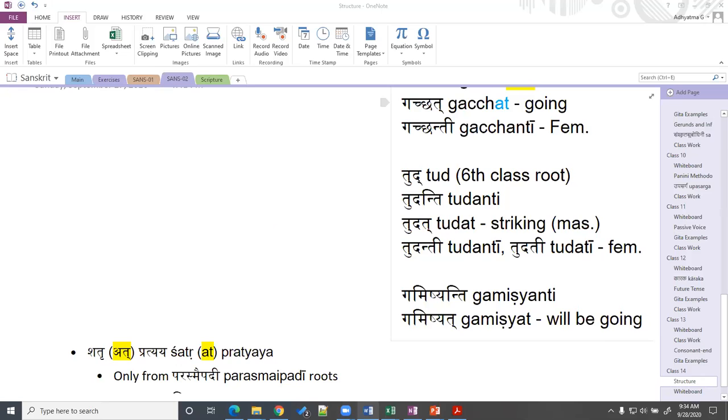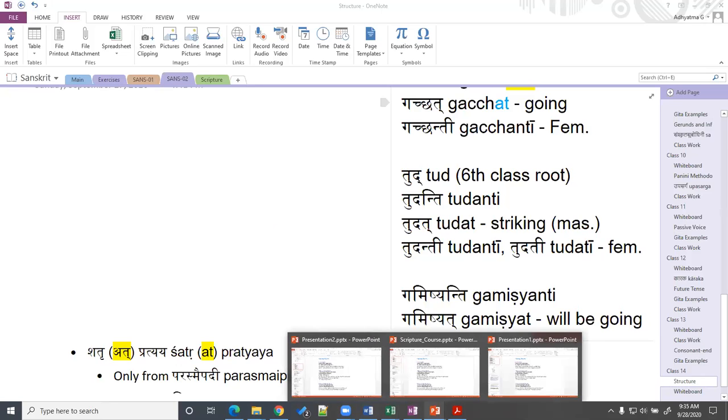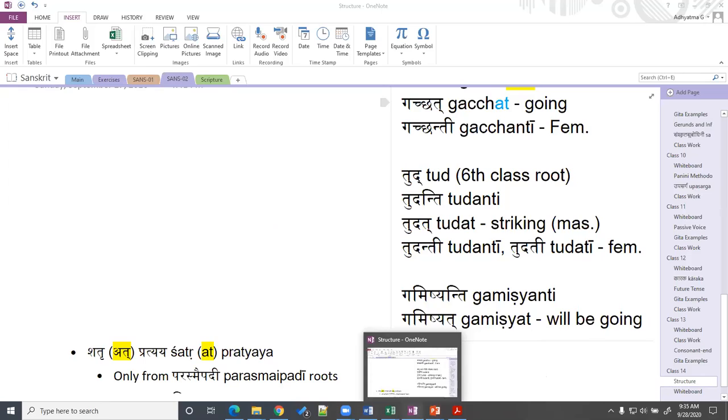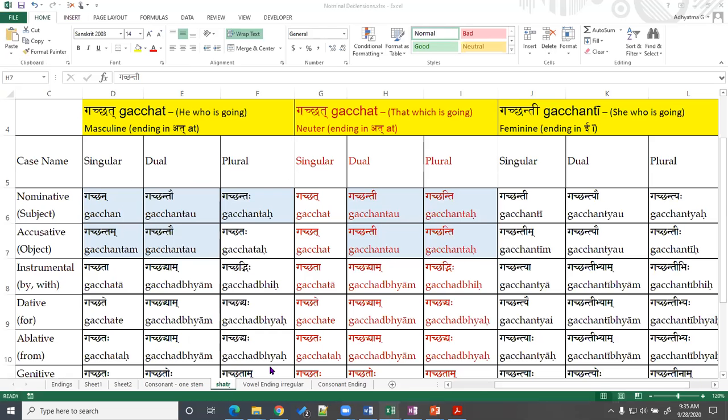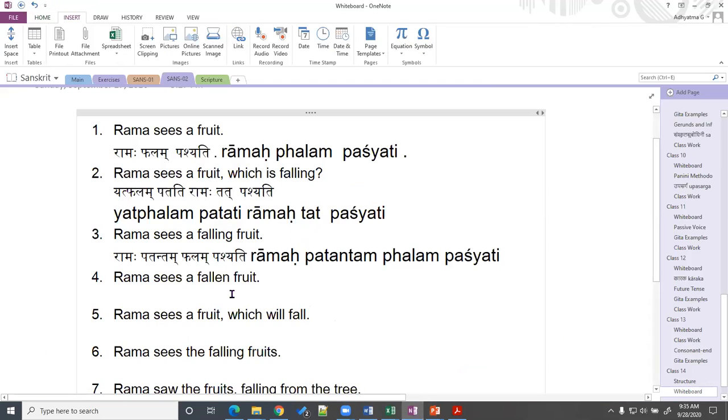Okay, so there is a question here that because I'm using the patantam, here the phalam is neuter and I'm using the patantam, but it should be neuter here like gachat, patat. So that is correct. Thank you for correcting this part. I think more than one person has pointed this out. So it should be patat because it is the neuter.